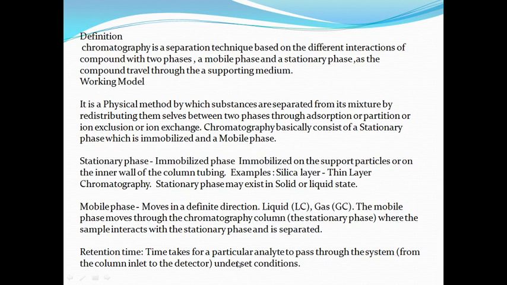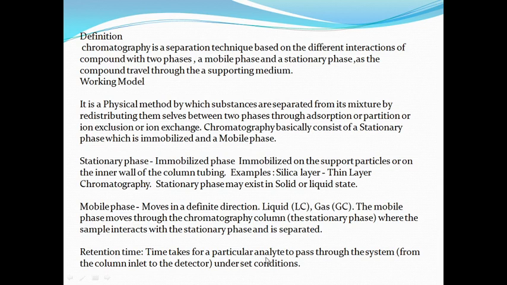In column chromatography or advanced chromatography like HPLC, we allow the analyte to pass through and redistribute itself between two phases, the stationary phase and the mobile phase. At that time the analytes show different affinities towards the different phases. The analyte that shows more affinity toward the stationary phase will spend more time on it, so its retention time is more.